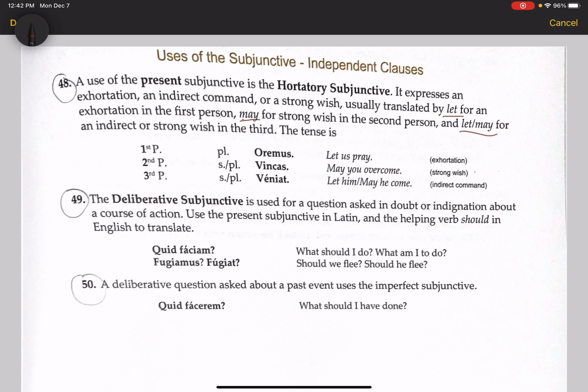The tense is present: oremus, vincas, veniat. Okay, these are the subjunctives here.